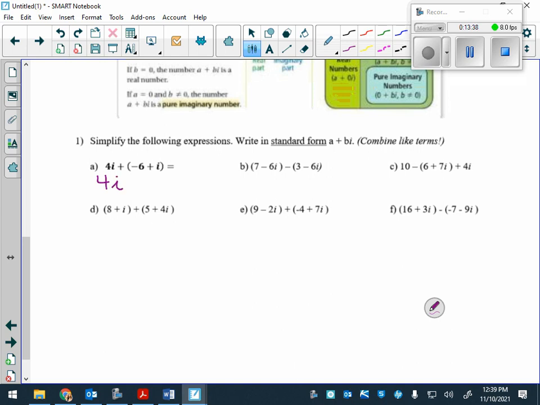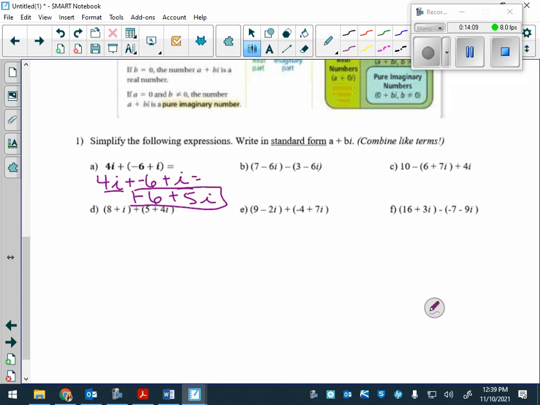So we have 4i plus negative 6 plus i. All I did was drop the parentheses since we are adding. Now we're combining like terms. So I have negative 6, and 4i plus i is just 5i. It's the same thing. i acts like a variable in this case. For adding and subtracting, you are just combining like terms.